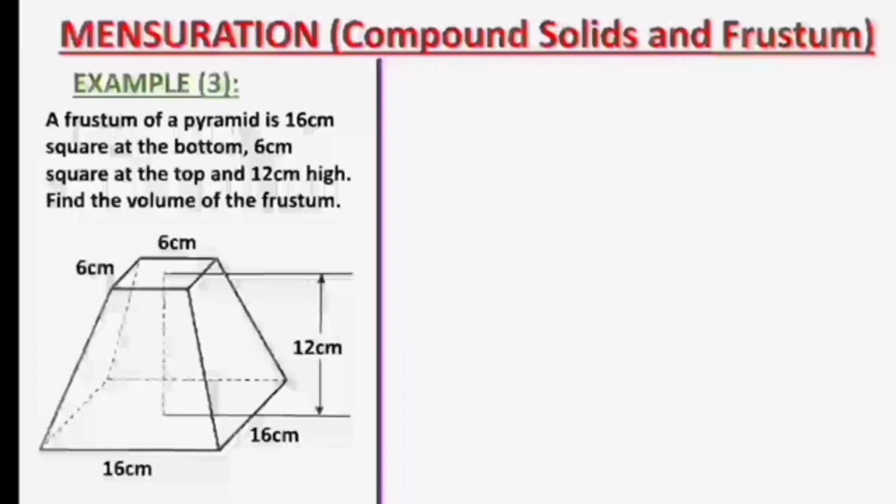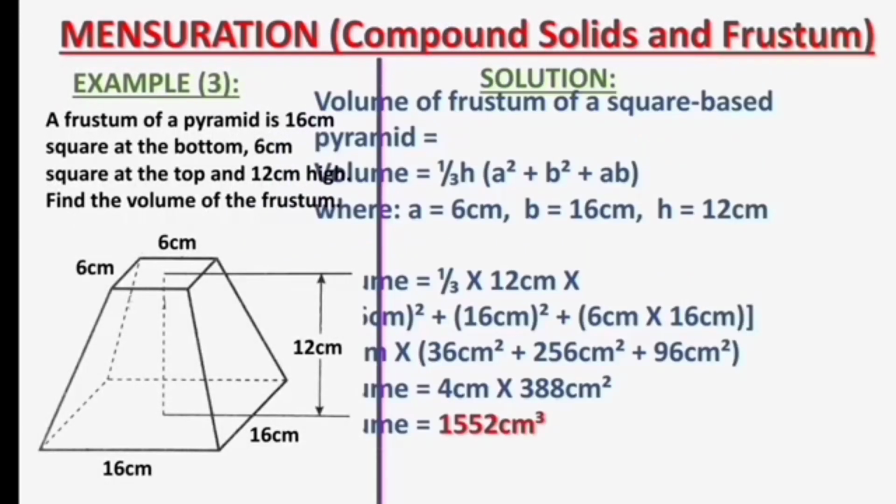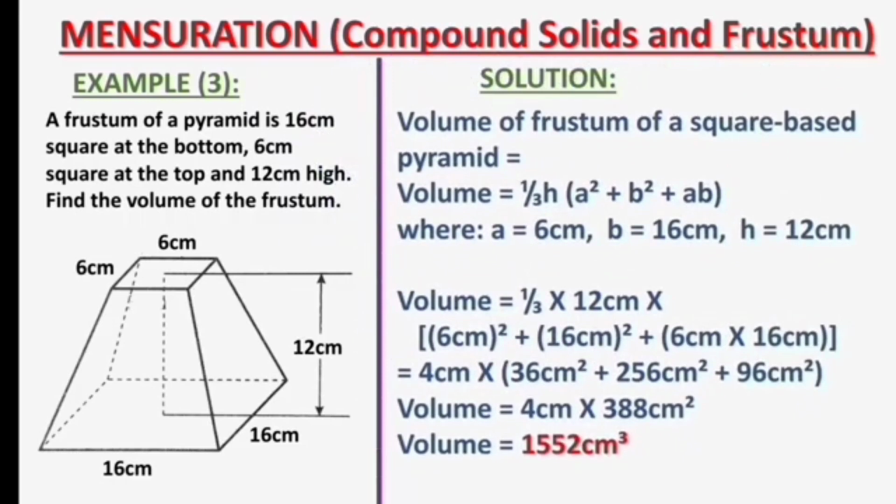In our final example, a frustum of a pyramid is 16 centimeters square at the bottom, 6 centimeters square at the top, and 12 centimeters high. Find the volume of the frustum. From the solution, the volume of the frustum of a square-based pyramid is 1/3 h into a squared plus b squared plus ab.